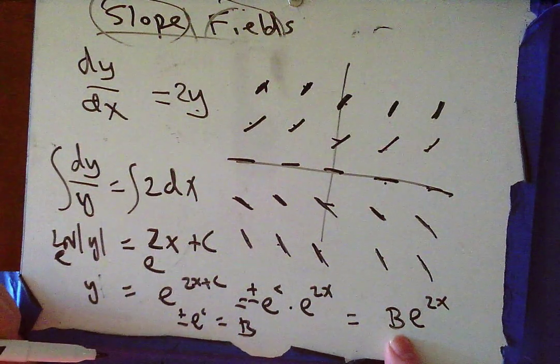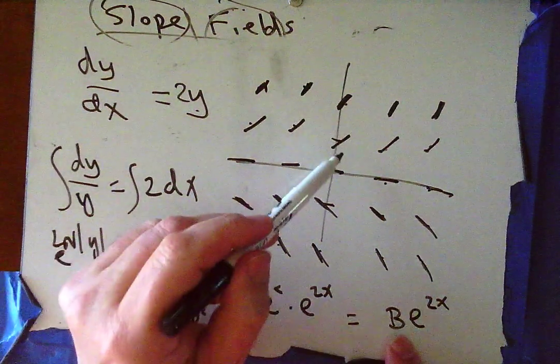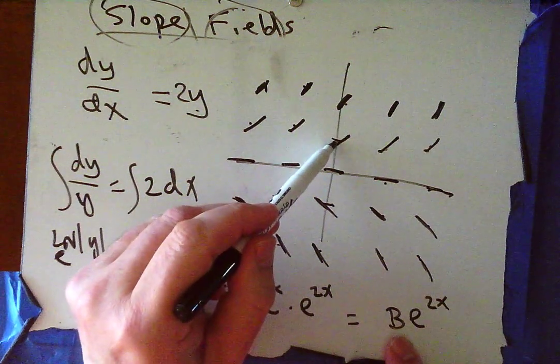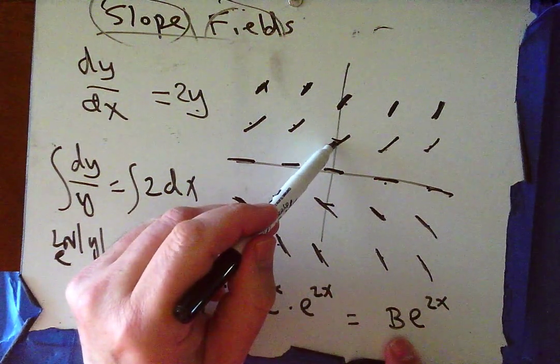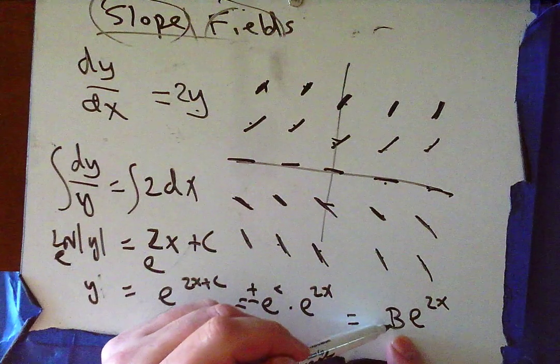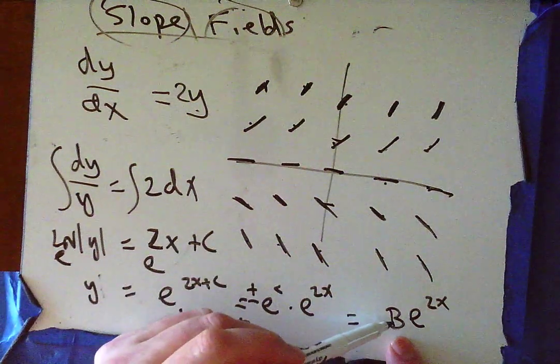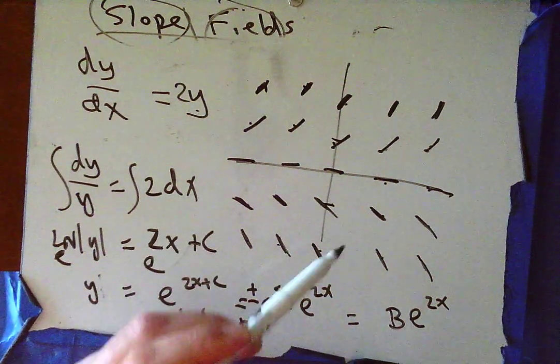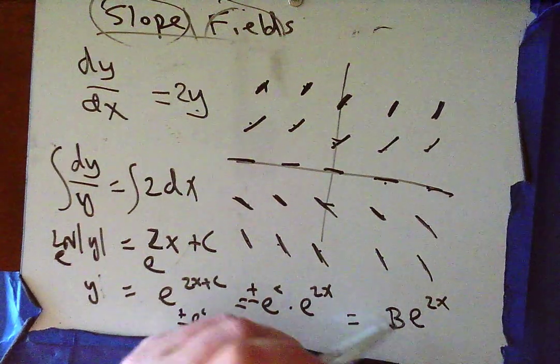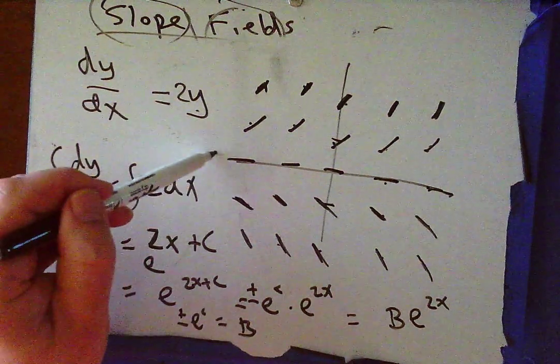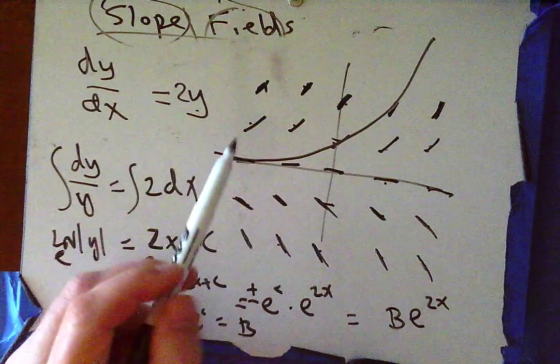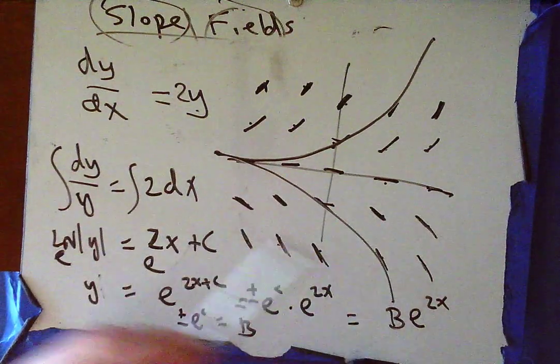Now, let's think about what happens here. If our initial condition has a positive here, well, that's going to be a positive number. And if I have a negative, that's going to be negative. So this b value here is the thing that decides whether my graph looks like this or whether my graph looks like this.